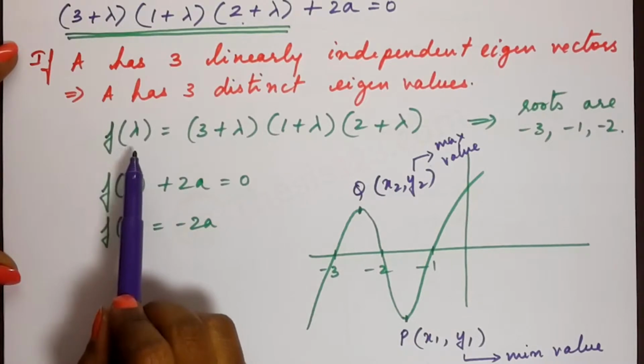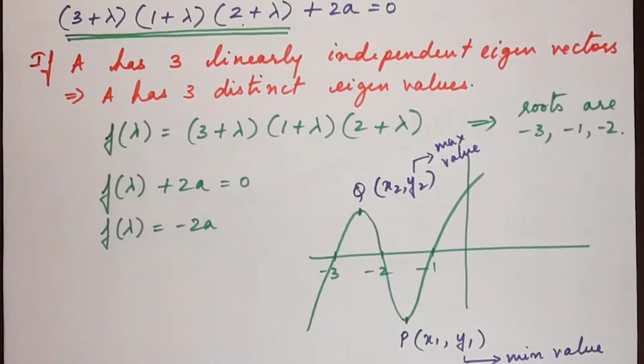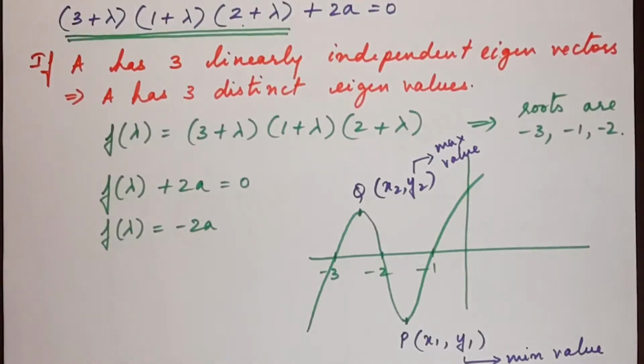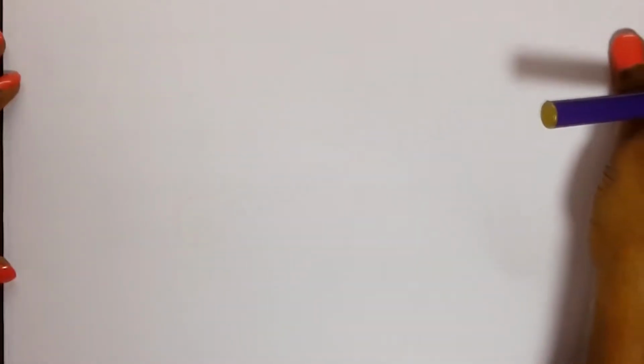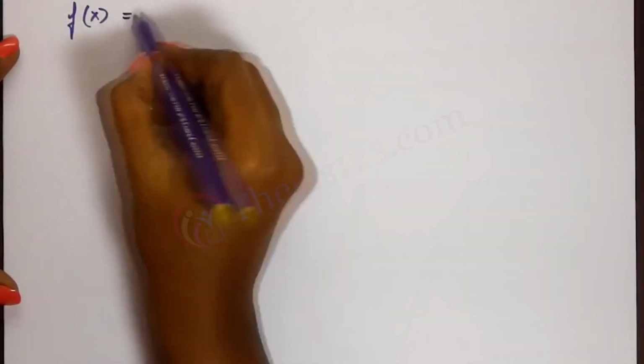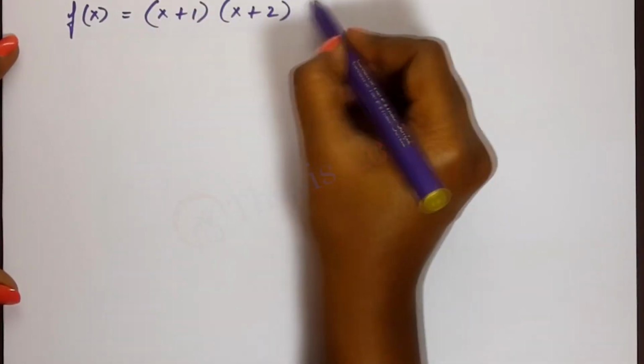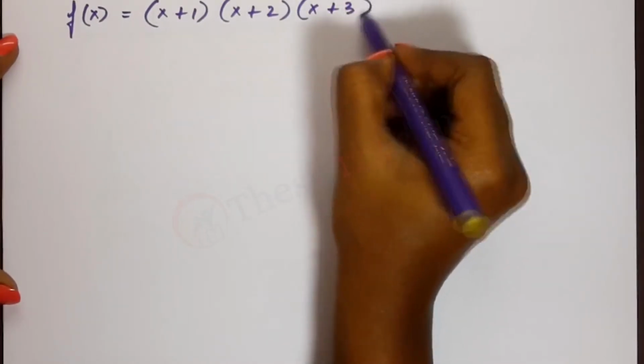Now I'll write it in terms of x so that the solution is a little easier. We had f of lambda is equal to (lambda plus 1)(lambda plus 2)(lambda plus 3). Writing it in terms of x, f of x is equal to (x plus 1)(x plus 2)(x plus 3).